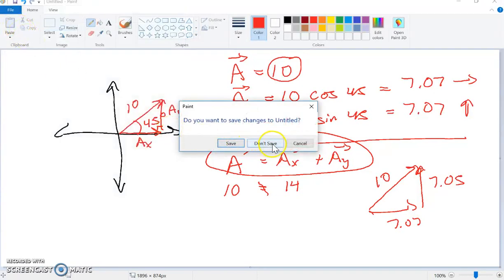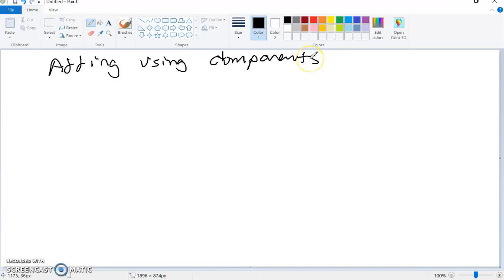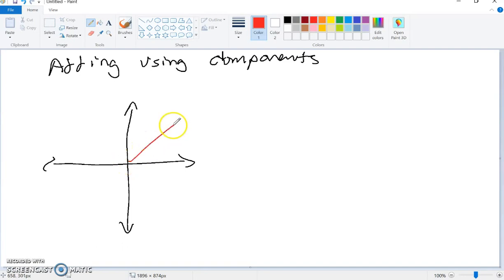Okay, so let's add two vectors using the component method now. So this is adding using components. Okay, so again, coordinate system. Let's stick with A. So A is 10 units long at 45 degrees.